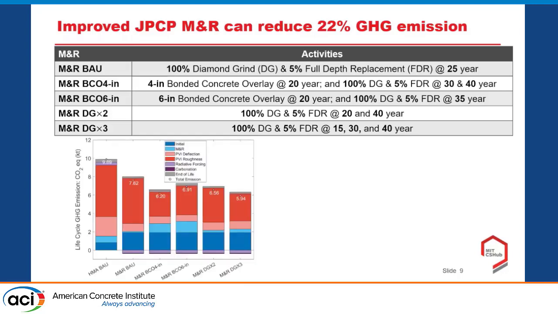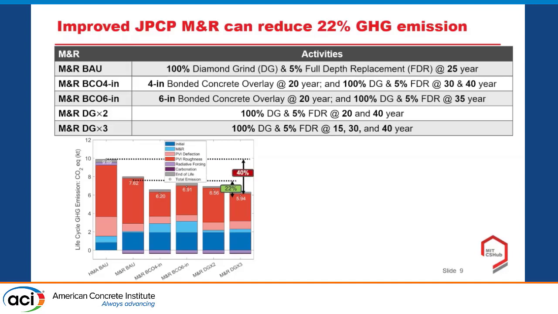So the results show there are some ups and downs, but finally we can reach about 5.9 kilotons, which is a 22% reduction from the original MNR scheduling.